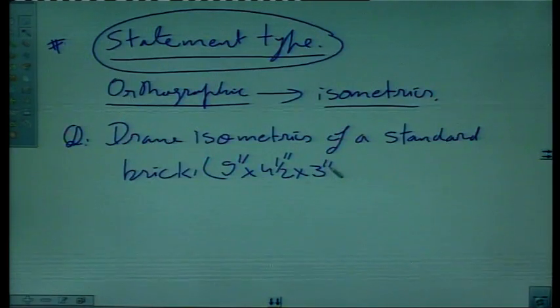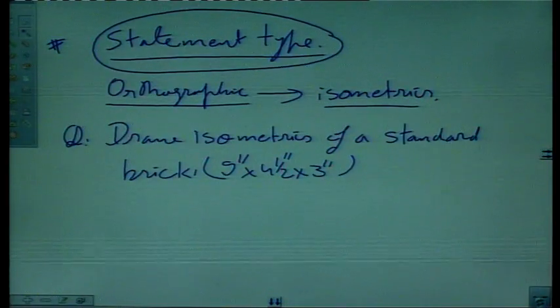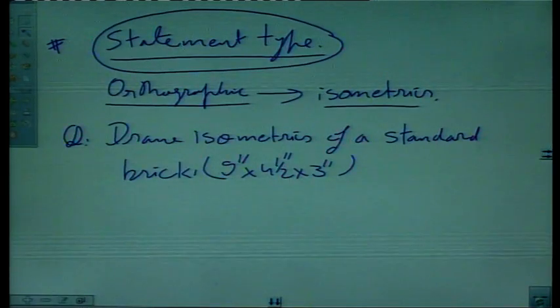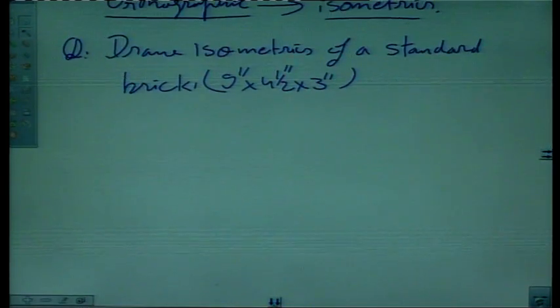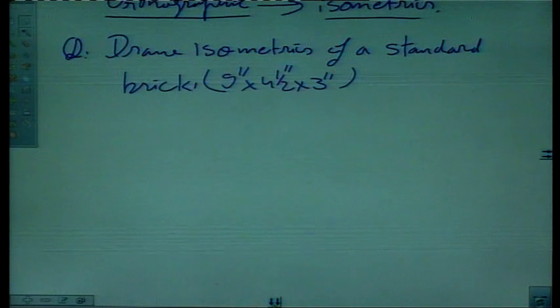Length of the brick is 9 inches, width 4.5 inches, and height 3 inches, right? So, how to draw isometric of a standard brick?